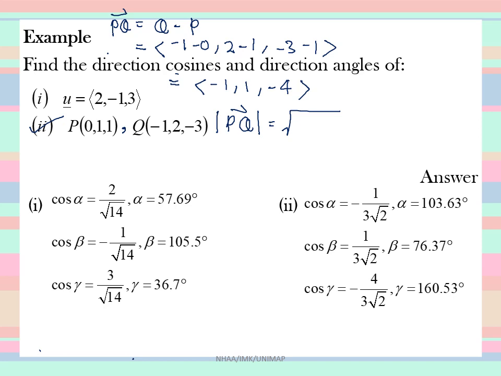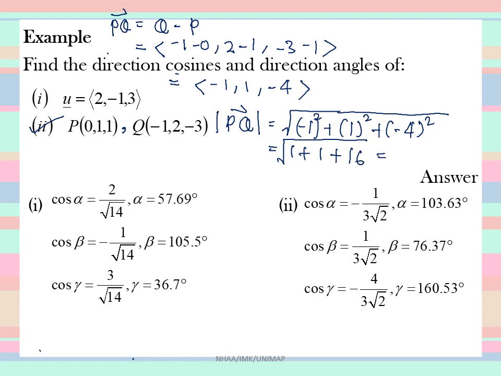We have minus 1 squared plus 1 squared plus minus 4 squared. That is 1 plus 1 plus 16. So you have square root of 18, which is equivalent to square root of 9 times square root of 2. Square root of 9 is 3, so 3 root 2.